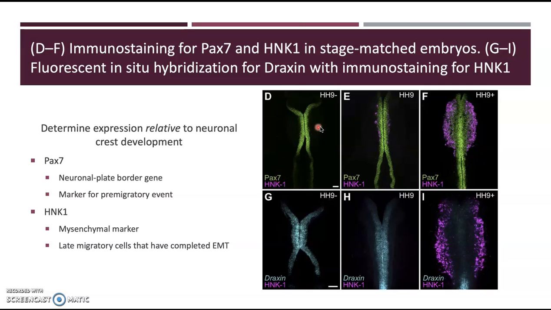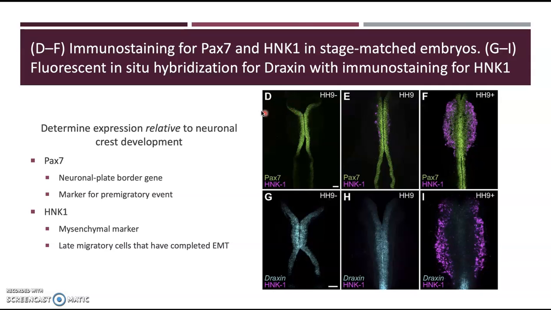And we see that PAX7 is pseudo-colored in green and HNK1 is shown in purple. On the other hand here, we see the second embryo where they used the fluorescence in situ hybridization technique to visualize Draxin, and then they immunostained again HNK1 here in purple.